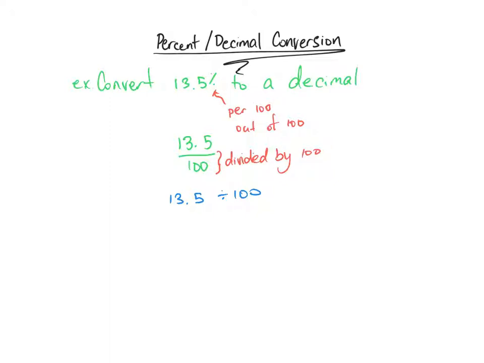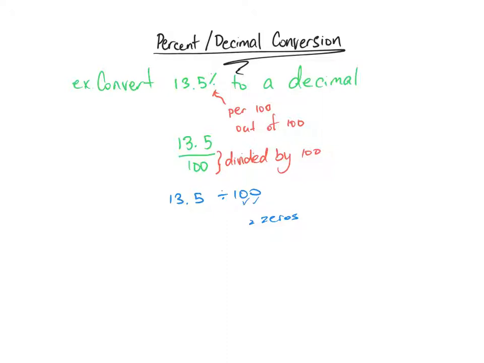It's actually pretty easy if you remember that when you divide by any power of 10, you just move the decimal place by the number of zeros there are. In this case, there are 2 zeros. And with 100, there are always 2 zeros. So you're always going to move that decimal point 2 places to the left.